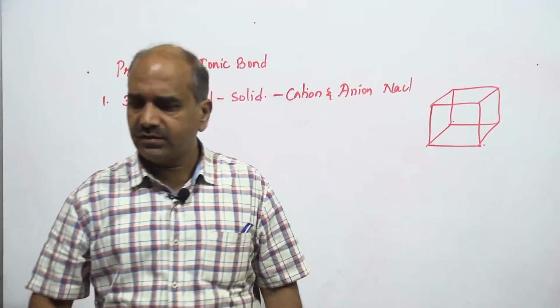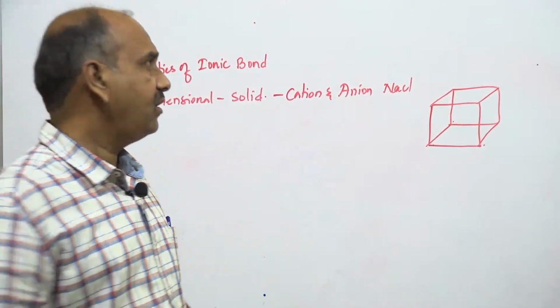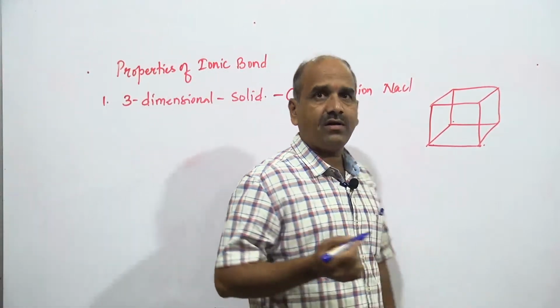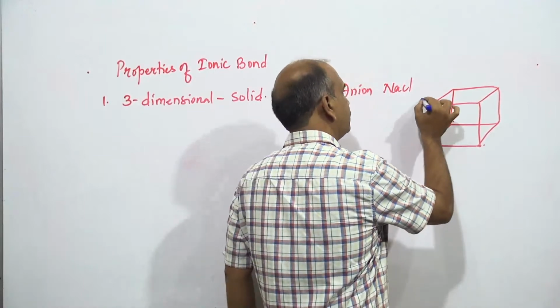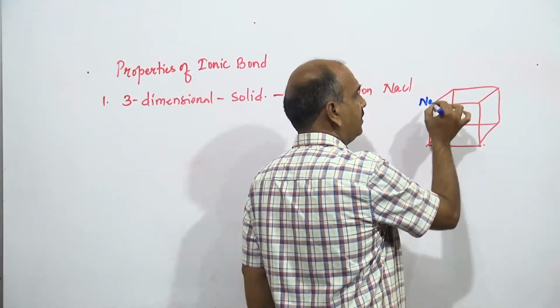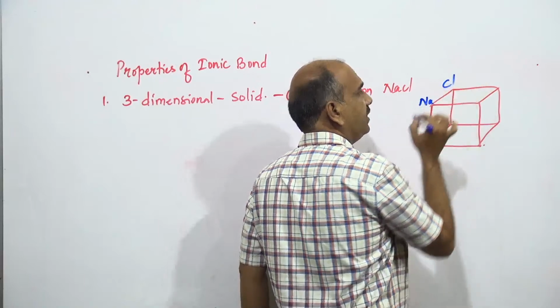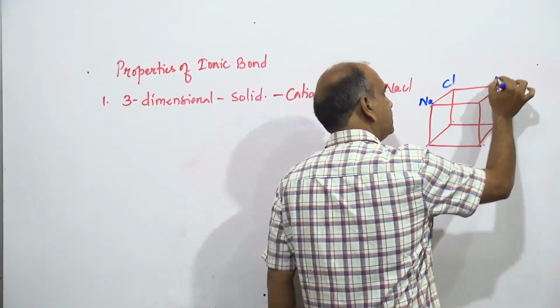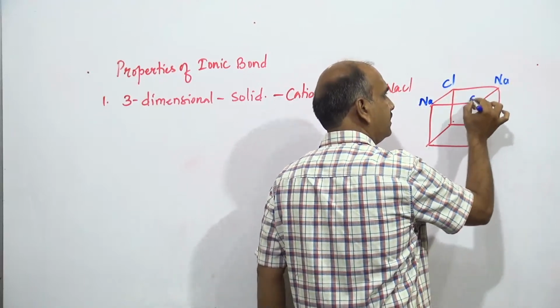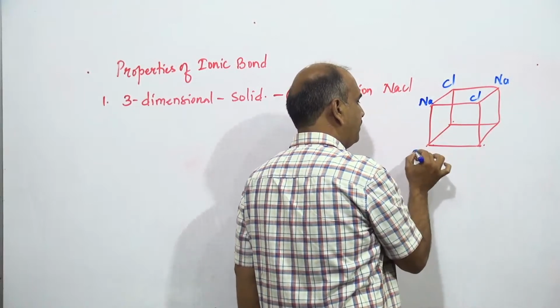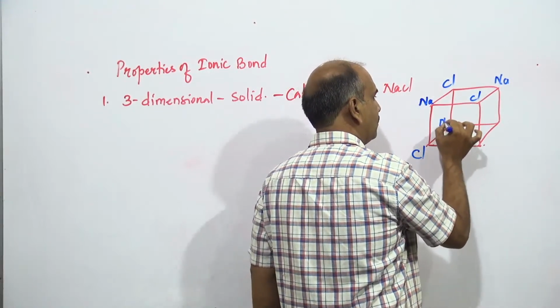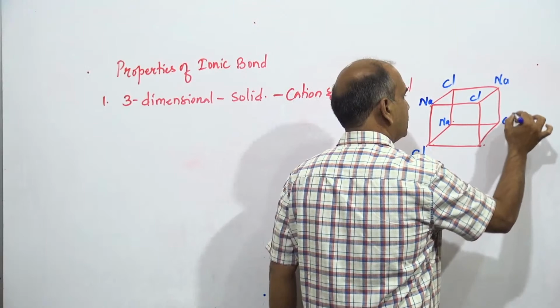So this is a cube here. Where all sodium are present, where all chlorine are present. If sodium is present here, next this will be chlorine. Then again this corner it is sodium ion, this is chlorine. This is sodium, this side it is chlorine.